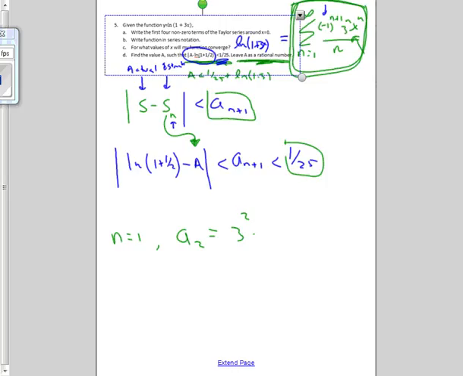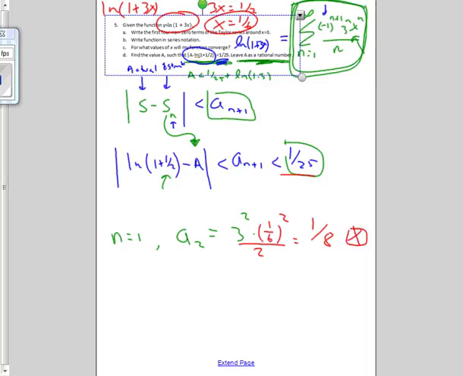Since it's ln of 1 plus 1/2, and we know our original function is ln of 1 plus 3x, therefore 3x must equal 1/2, so x equals 1/6. So going back, our second term is 3 squared times 1/6 squared over 2, which equals 1/8. That's not less than 1/25, so this doesn't work. So we have to keep going.